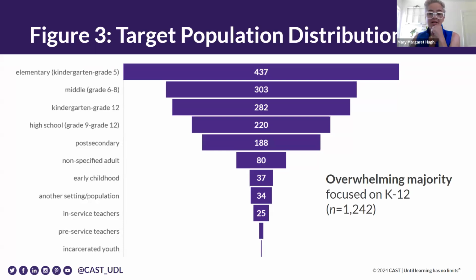High school was coded as 9th through 12th grade. Post-secondary is followed by the non-specified adult population category, followed by early childhood, and then in-service teachers and pre-service teachers. Those were coded together. And then the least frequently reported was incarcerated youth.